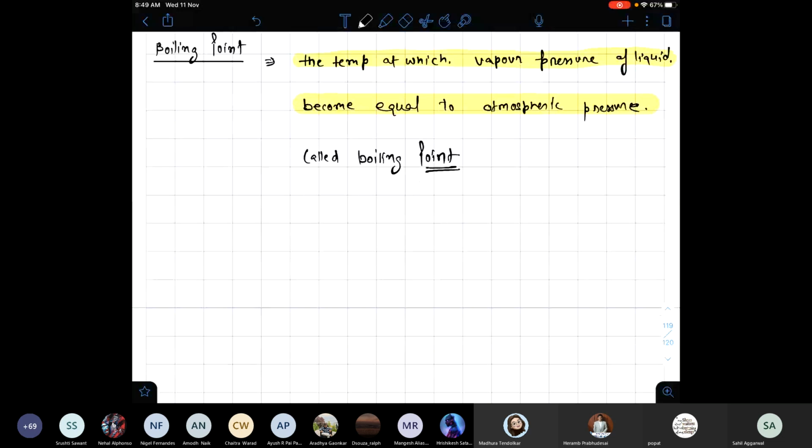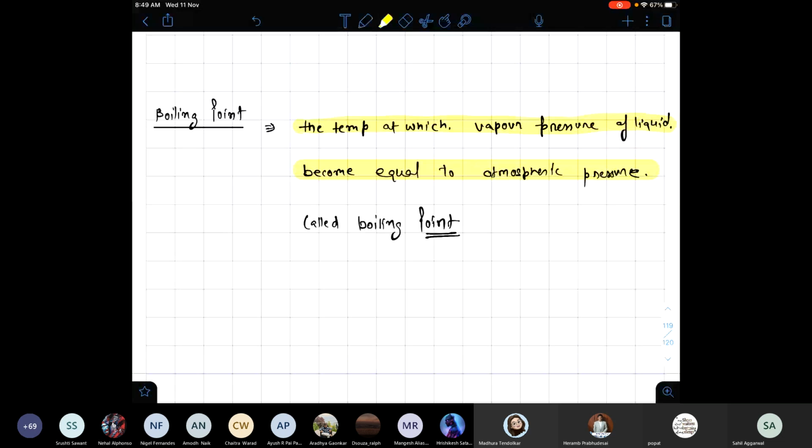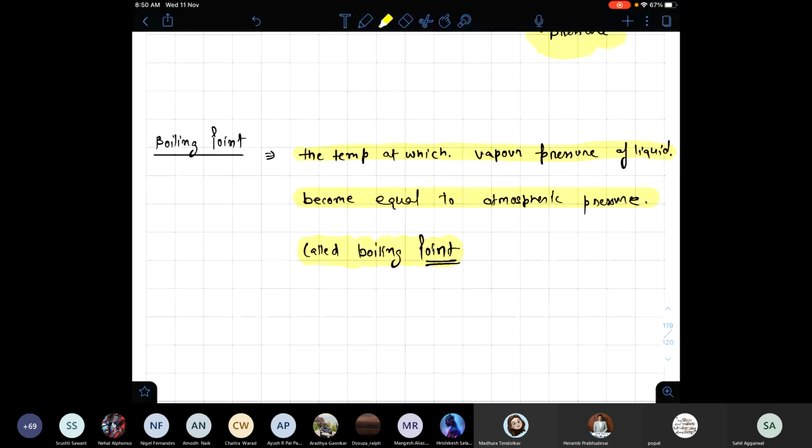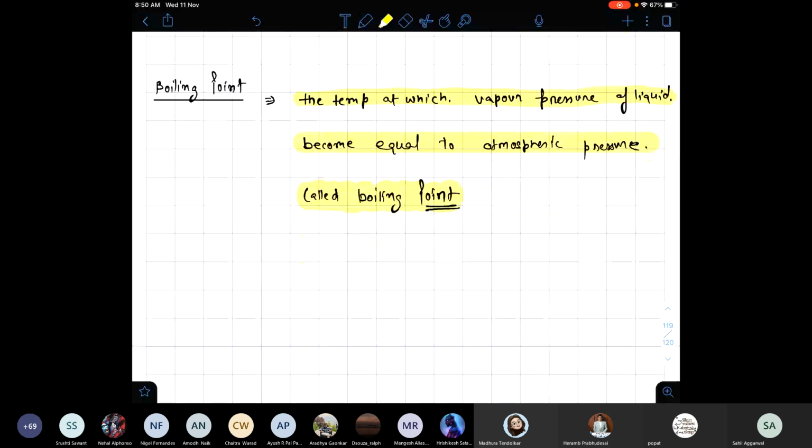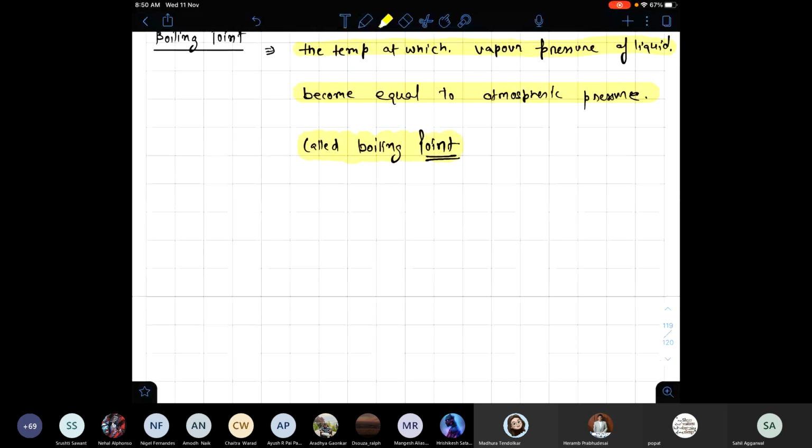Okay, understood boiling point? Now, what do we mean by that?